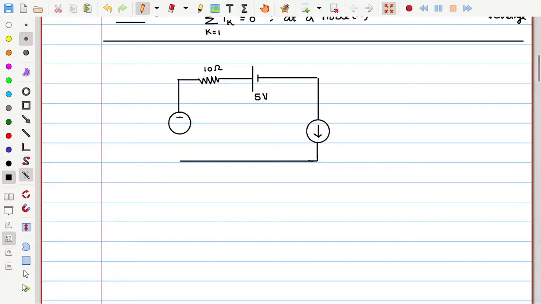And here there is a voltage source of 10 volts, and here let me take 1 ampere.